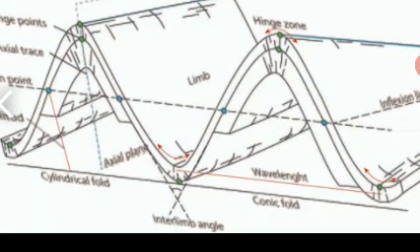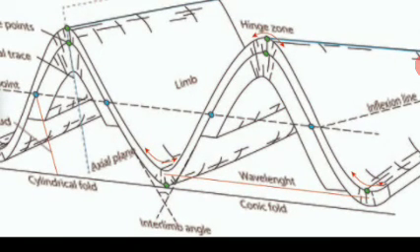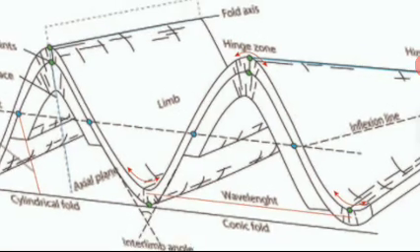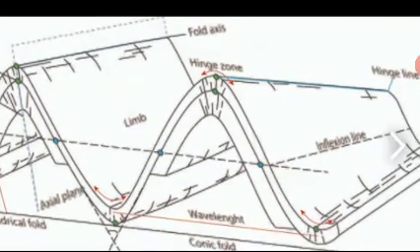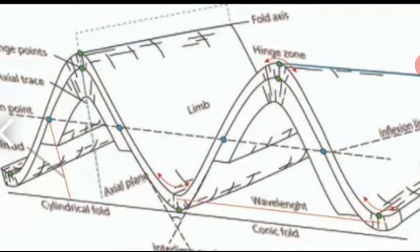In the V shaped part, in the line there you can see the trough, and the crest you can see at the point of the hinge zone. That point is called the crest. The crest is the highest point on the arch. The trough is the line running through the lowest point.